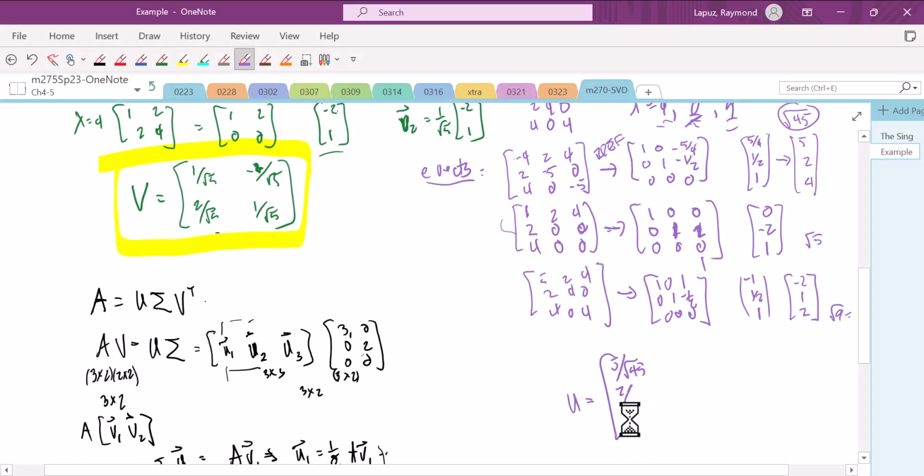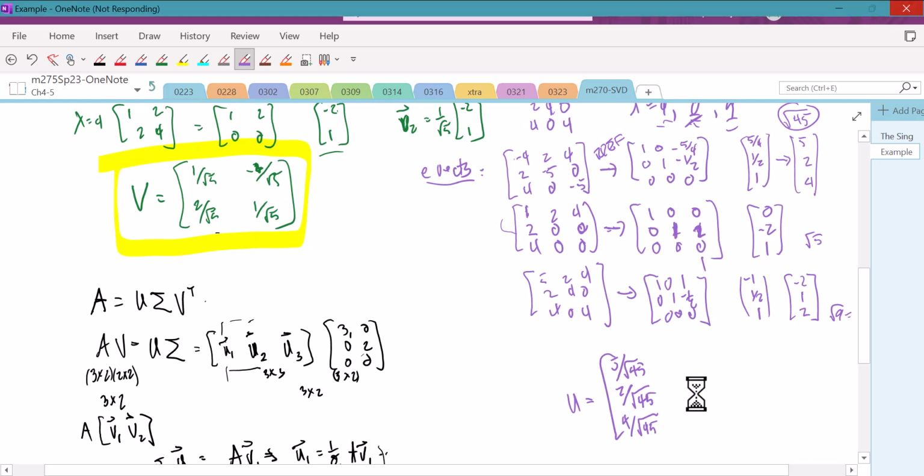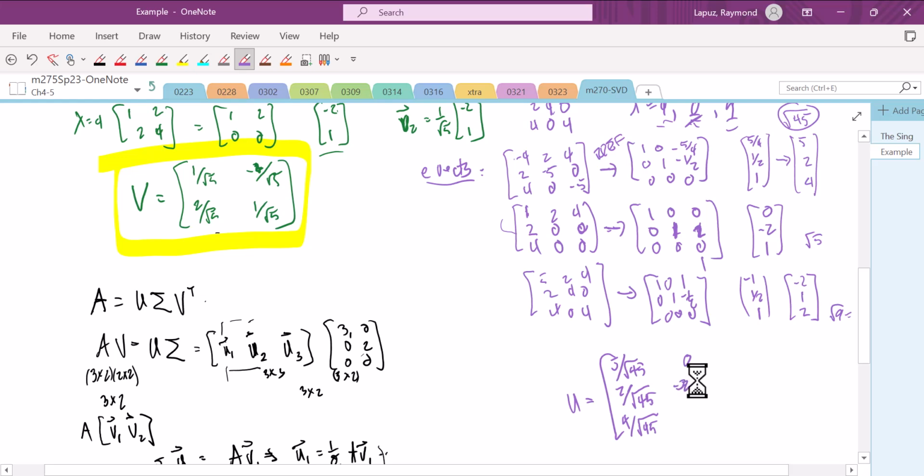All right, that's our first column. The second column would be 0, negative 2 over square root of 5, and a 1 over square root of 5. And then our last column is going to be negative 2/3, 1/3, and 2/3. All right, and that is that.